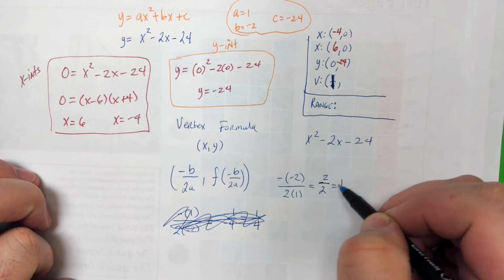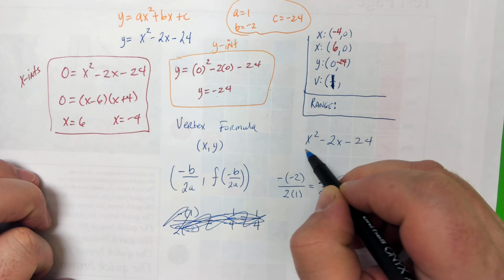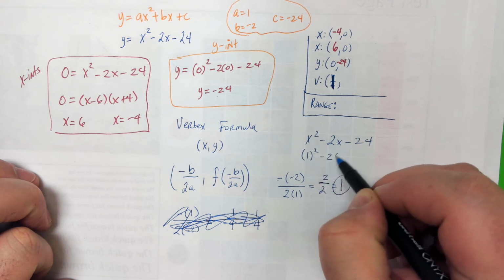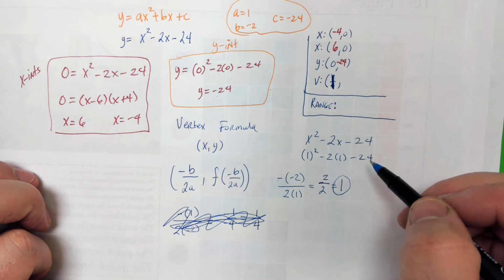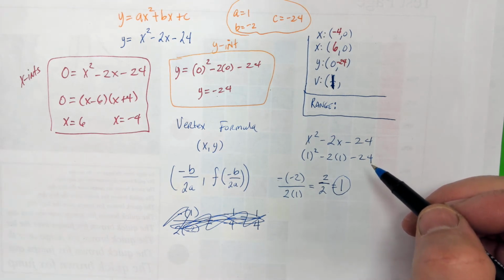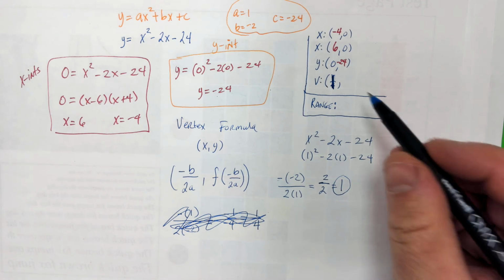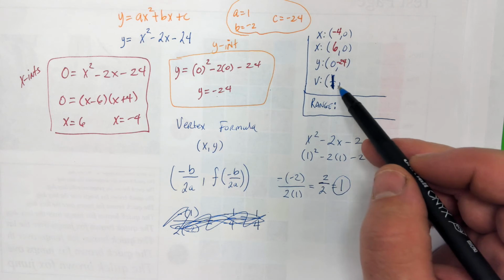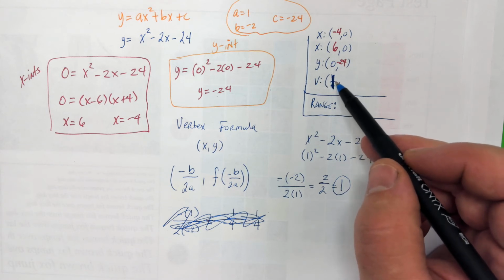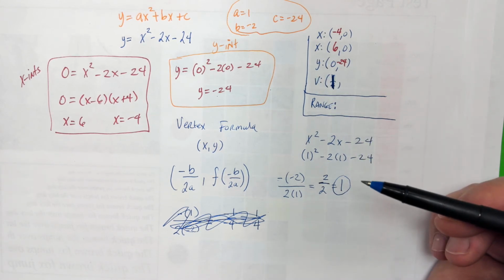We take our answer and plug it in, so it's 1 squared minus 2 times 1. This is the x coordinate of the vertex. You know, there's an x and a y for a coordinate. That's the x part of the vertex. So to find the y part, we take that number and plug it in.